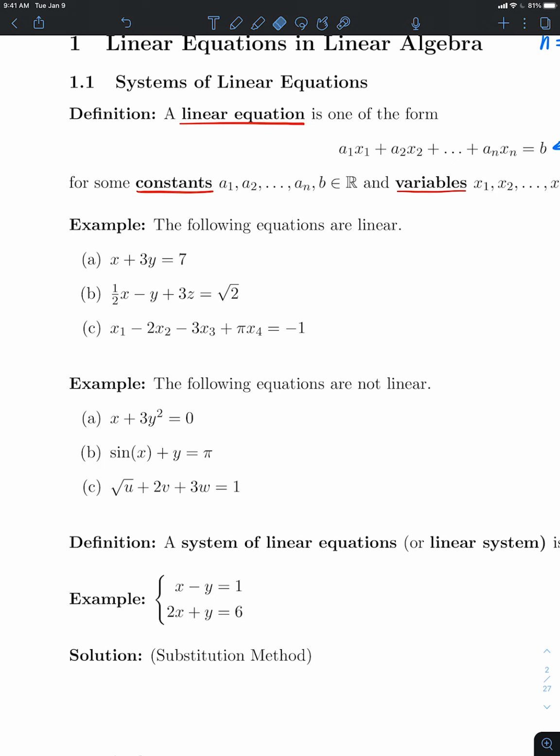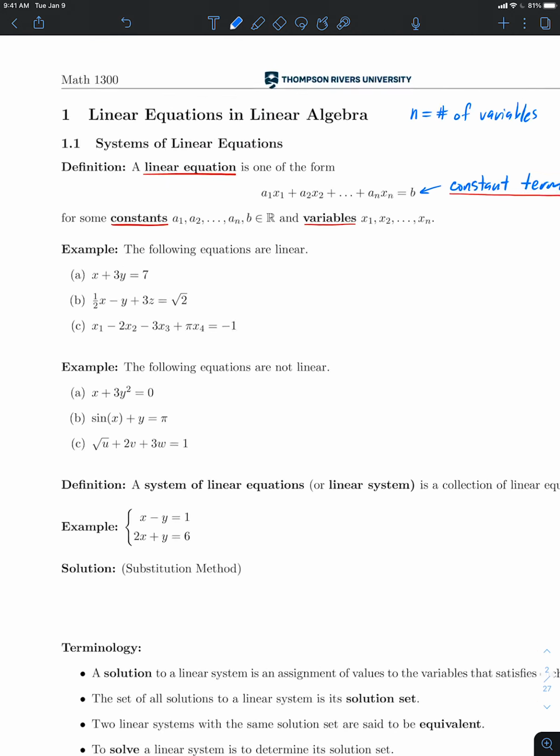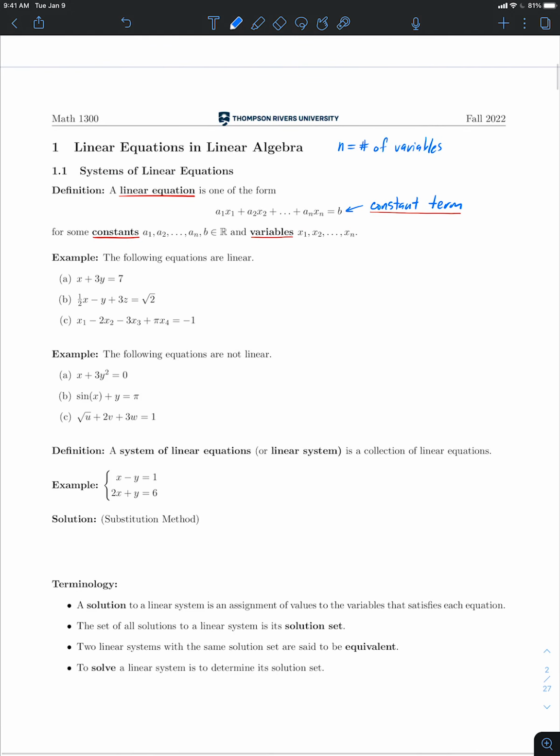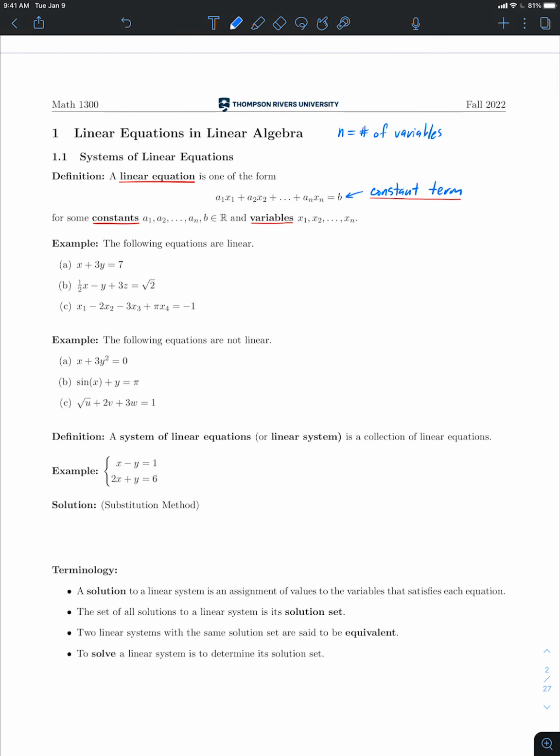Let me back up and rewrite these linear equations in such a way that they follow the form exactly. So for part A, I'm going to write that as 1 times x plus 3 times y is equal to 7. And then for part B, I'm going to write this as 1/2 times x. So the coefficient of x is 1/2, and the coefficient of y is -1.